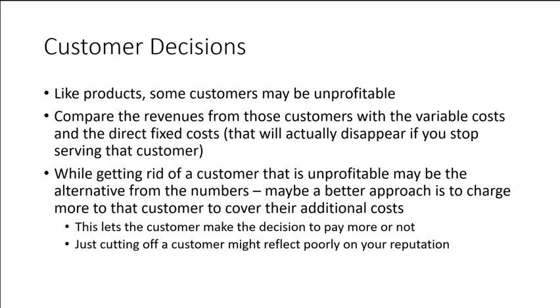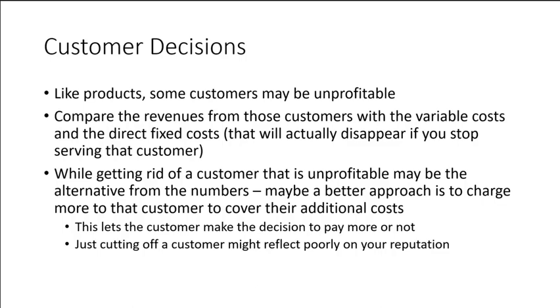Now, this next decision is similar to a product decision, except now we're doing it in terms of a customer. There are certain customers, especially if you're in certain fields, where the decision is not necessarily what products to sell or what services to provide, but to which customer.